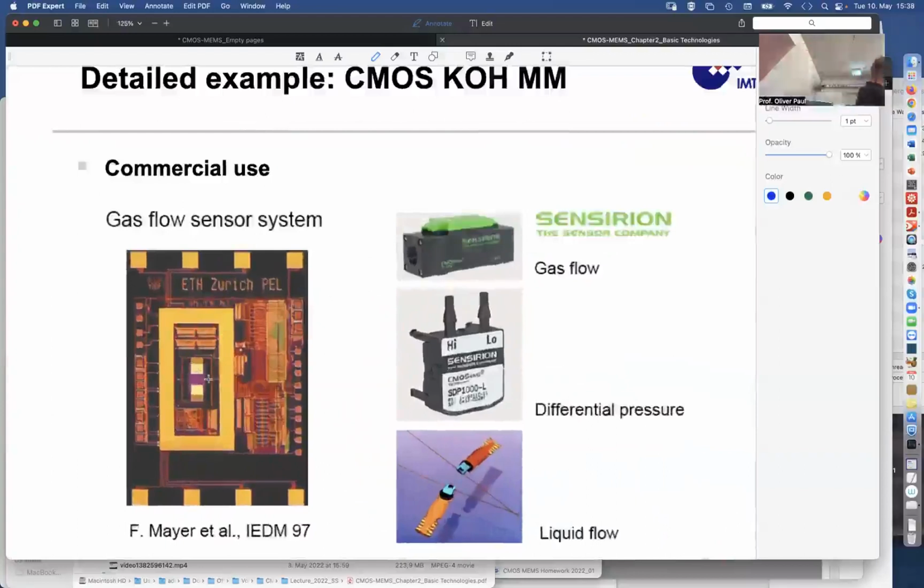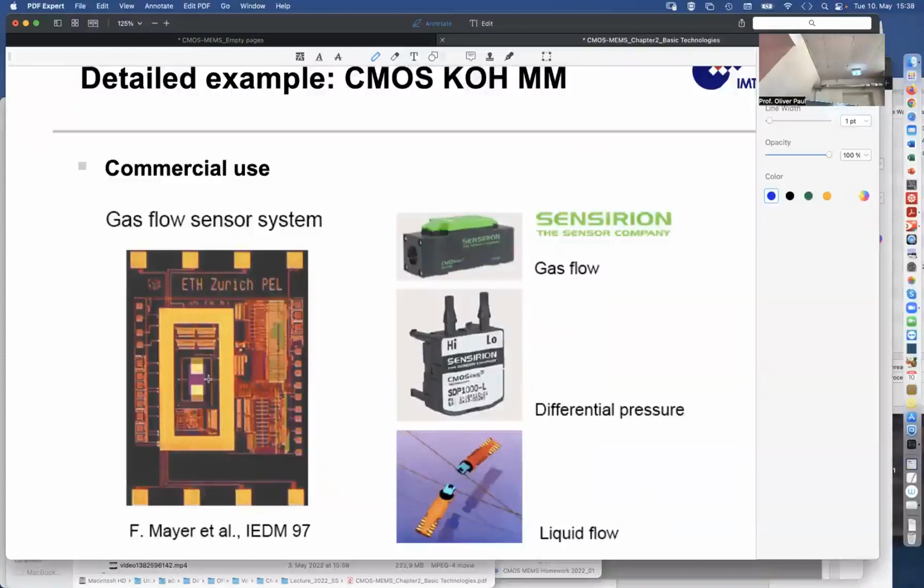So when gas flow goes over that membrane, the heat dissipated in the membrane, heating the membrane, is carried by the gas to one side and makes one side, let's say the top side of the flow control, a little bit hotter than the lower side. And this temperature difference reflects the flow of the gas over the membrane. It's a thermal gas flow sensor.